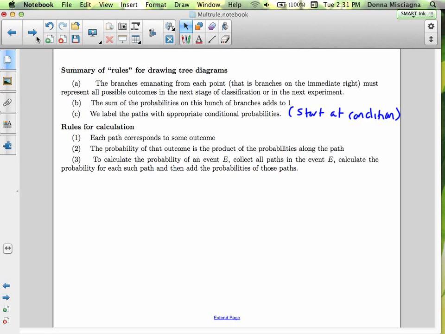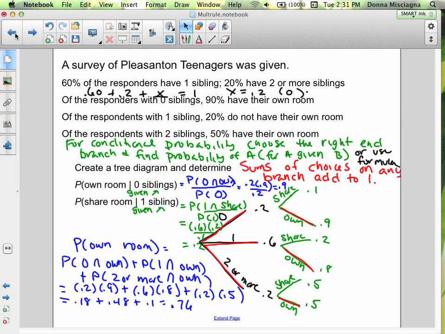To calculate the probability of an event, collect all paths in the event, calculate the probability for each such path, and then add the probabilities together. And we saw that one here when we found the probability of having your own room. So that was the probability of 0 siblings and your own room, 1 sibling and your own room, 2 or more siblings and your own room.